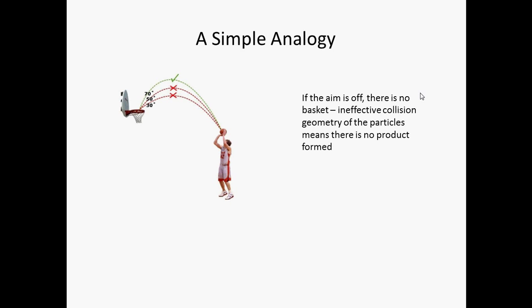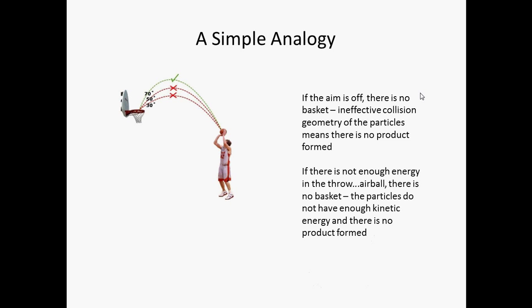Secondly, even though your aim may be on, you have to have enough energy to get the basketball into the hoop. If you don't have enough energy, then you just throw up an air ball. And when you do that, no reaction occurs. So there's a simple analogy explaining why we need collision geometry and why we also need enough energy.